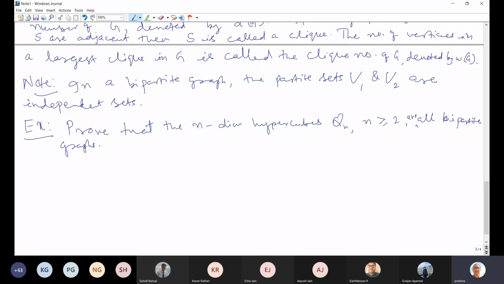Saturday morning I have NSS. Then Sunday evening, after 7, I will take the extra class, 7 to 9, two hours.